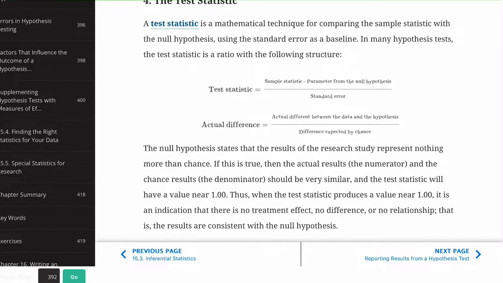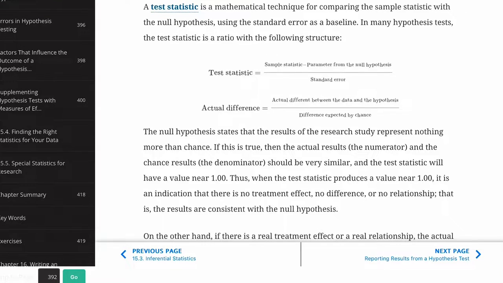So that's what the test statistic is telling you, whether or not your difference is bigger. If you think about this conceptually, if the difference between the groups, or whatever it is you're testing, if the difference between your null hypothesis and your actual sample statistic is bigger than what would be by chance, bigger than that standard error, then your number would be a lot bigger than 1.